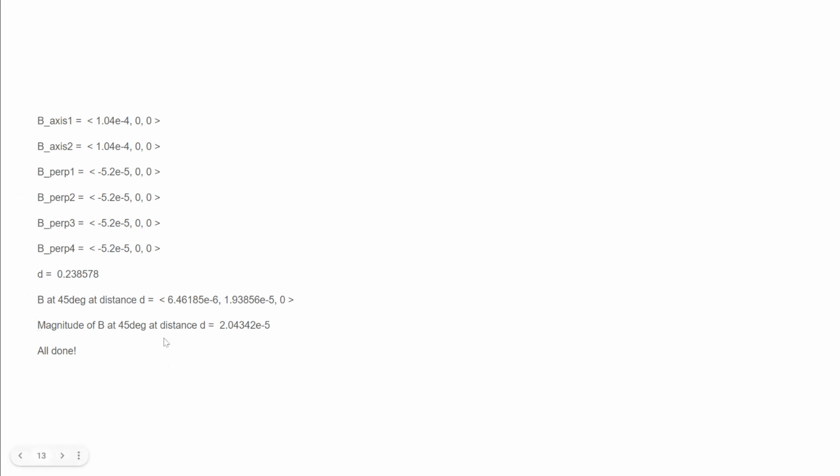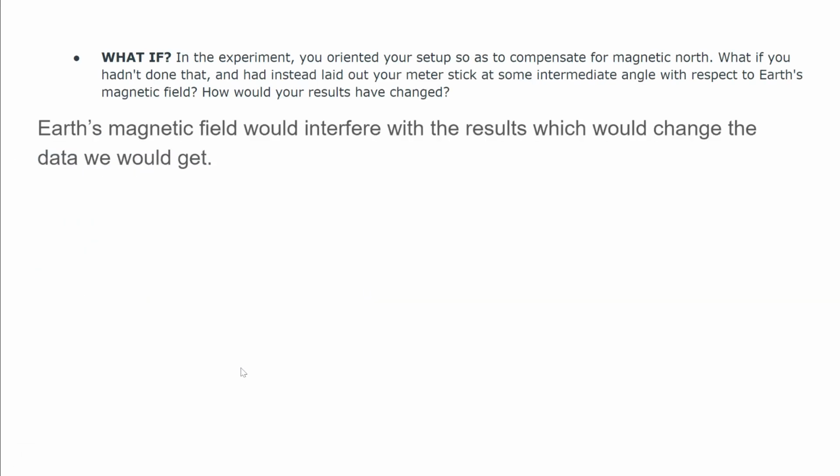As you can see, the magnetic field perpendicular compared to on-axis is larger, and it goes in the opposite direction. The resulting distance we get is 0.238578. And then we get the magnetic field at 45 degrees at that distance right here. And then we also get that magnitude.